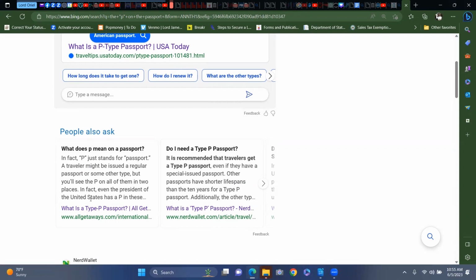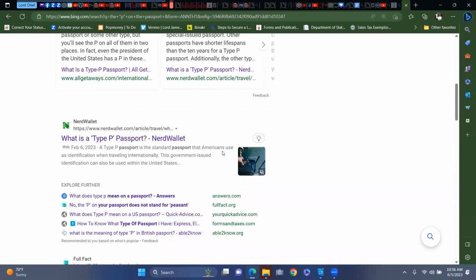Even the president of the United States has a P on his passport, at least so they say. A Type P passport is a standard passport that Americans use as identification when traveling internationally.